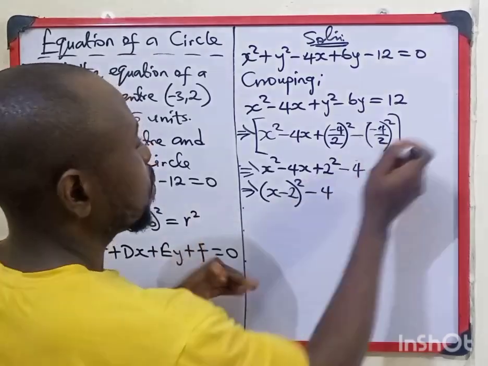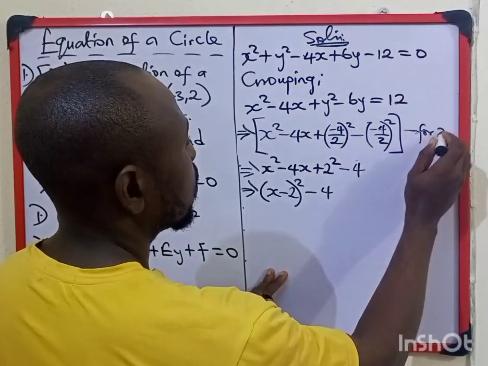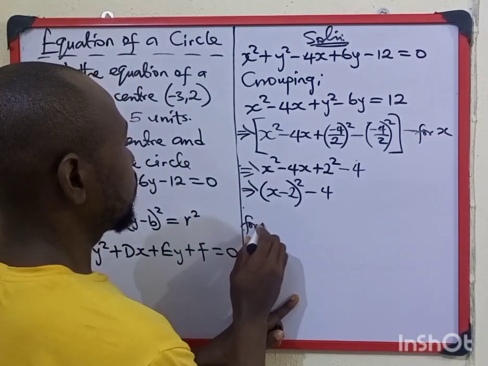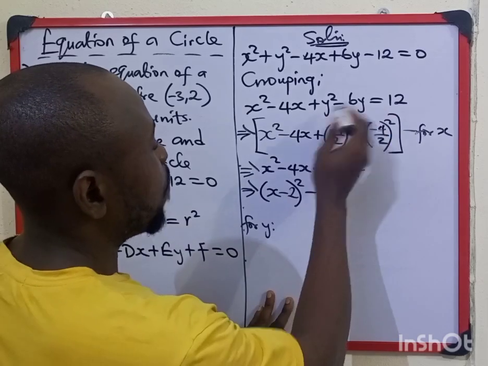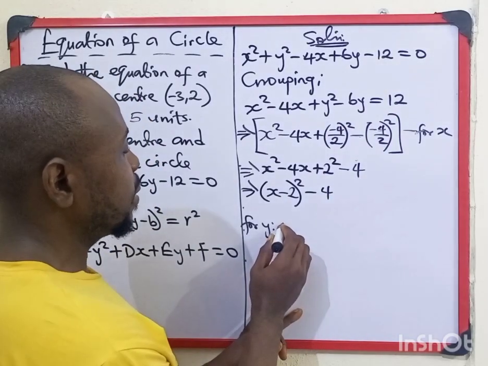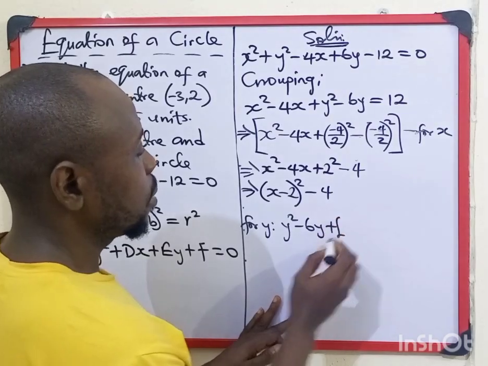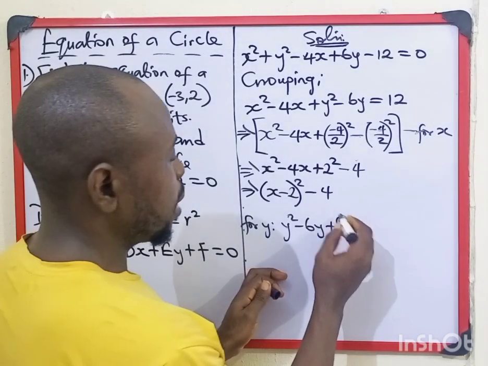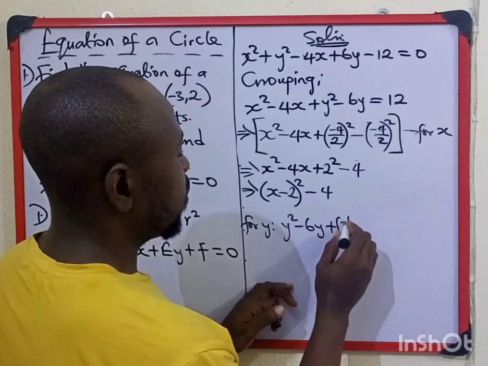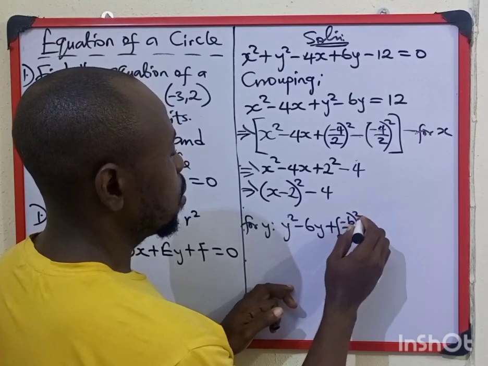Then let me do for y. If I apply the same method for y, I'll have y squared minus 6y, then plus half of minus 6 all raised to power 2, so minus 6 over 2, all raised to power 2.